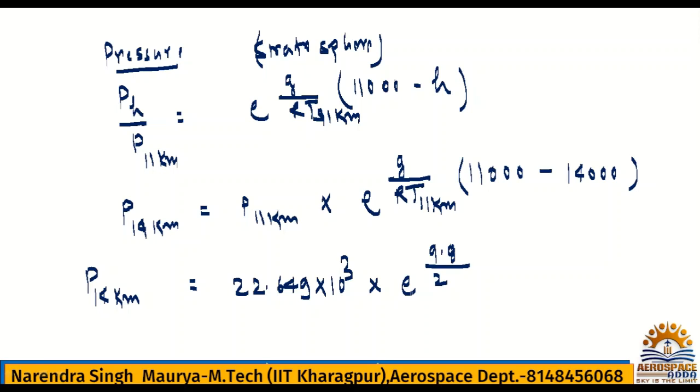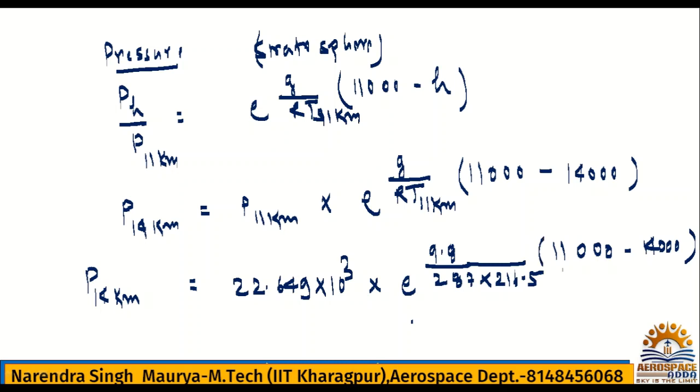The gas constant will be the same for the troposphere as well as the stratosphere, and that is 287. Then T_11 is 216.5, and the height term is 11 kilometer minus 14 kilometer, kept in meters.